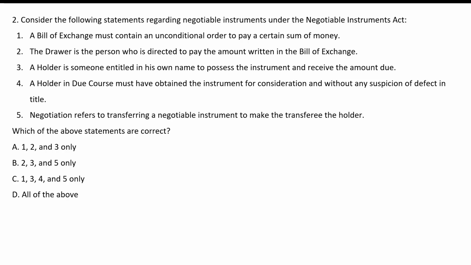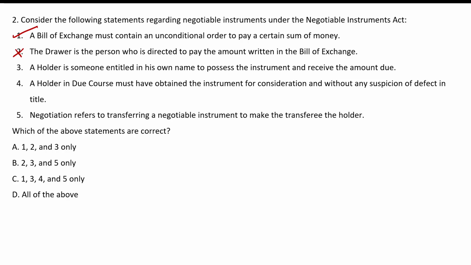Consider the following statements regarding negotiable instruments under Negotiable Instruments Act. A bill of exchange must contain an unconditional order to pay a certain sum of money. This statement is correct. The drawee is the person who is directed to pay the amount written in bill of exchange. The drawer is directed to pay, not the drawer. Drawer is the maker, so this statement is not correct. A holder is someone entitled in his own name to possess the instrument and receive the amount due.